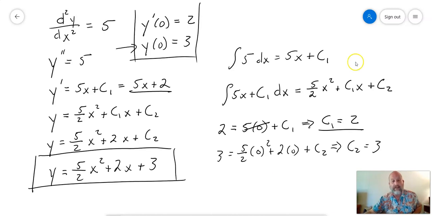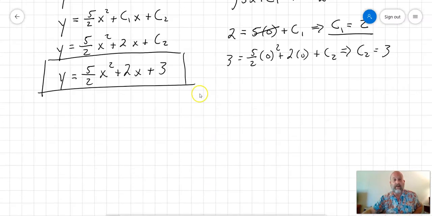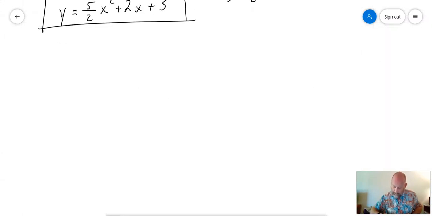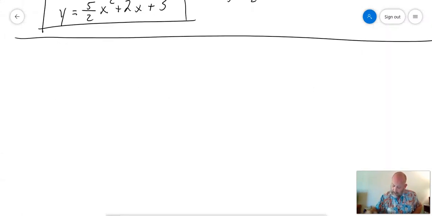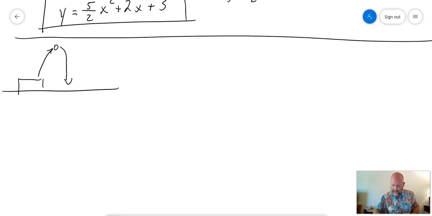Now, a more practical application of this does come from physics. If you talk about launching something up into the air from some initial height, some projectile, it goes up and comes back down.